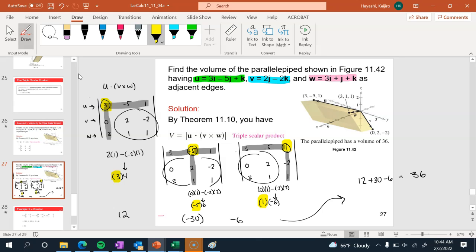Okay, but very much the same as finding the cross product in general, just instead of them being the coefficients for I, j, and k, you're going to take these determinants and multiply them by 3 or negative 5 and 1, but everything else is the same. It's just the top row is something other than I, j, k. So it's 36, I guess, cubic units is the volume of this thing.